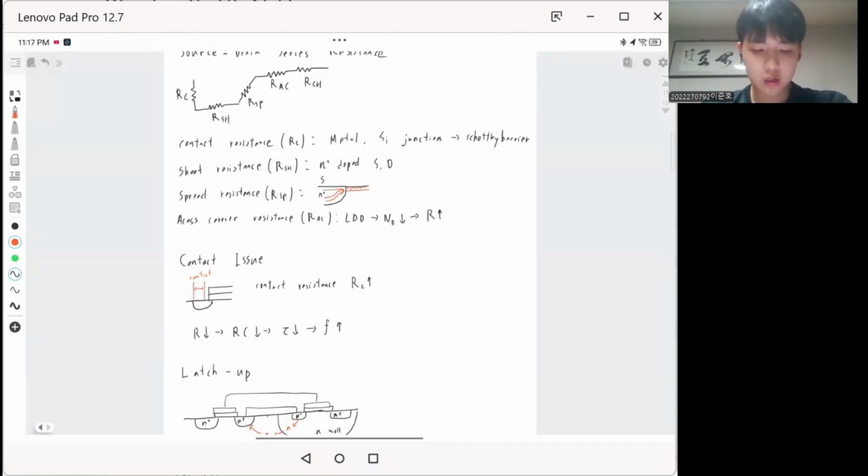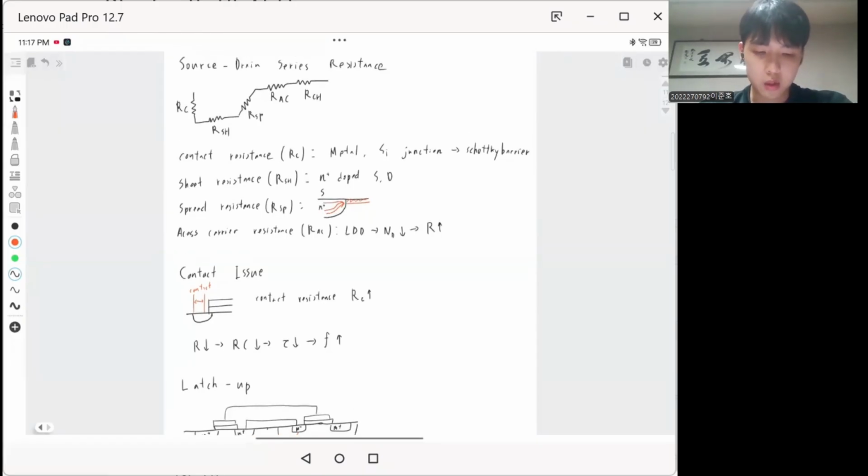And spread resistance is the resistance when carriers go from the source or drain to the channel. The source and drain are very wide, but the channel is very thin, so it causes a bottleneck. So the spread resistance is the main part of the source drain resistance.